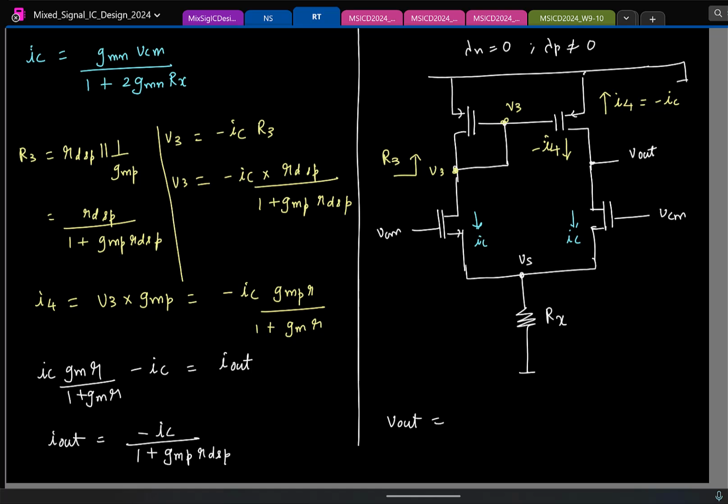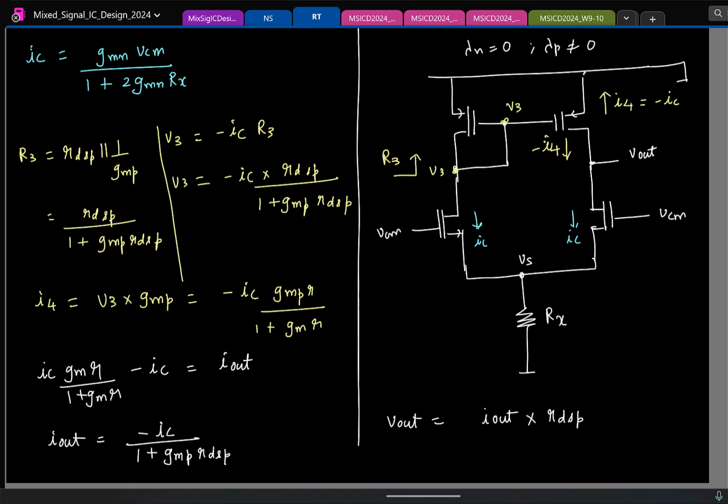Let's say I know I out. In terms of I out, what is the output voltage? I know the total current that will flow out. So what is the total voltage? It is that current into RDSP.